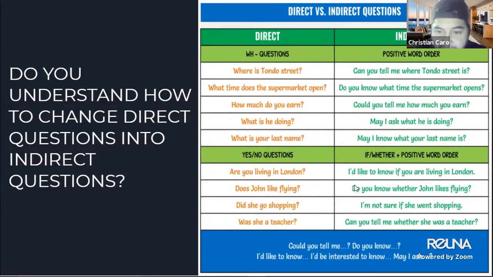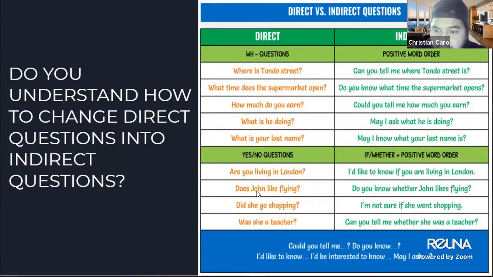And for example, the indirect phrase should be, I'd like to know, or do you know? Pretty much like the previous example. I am not sure, or can you tell me again? But in this case, we use as a connector if and whether, because we are dealing with yes/no questions.